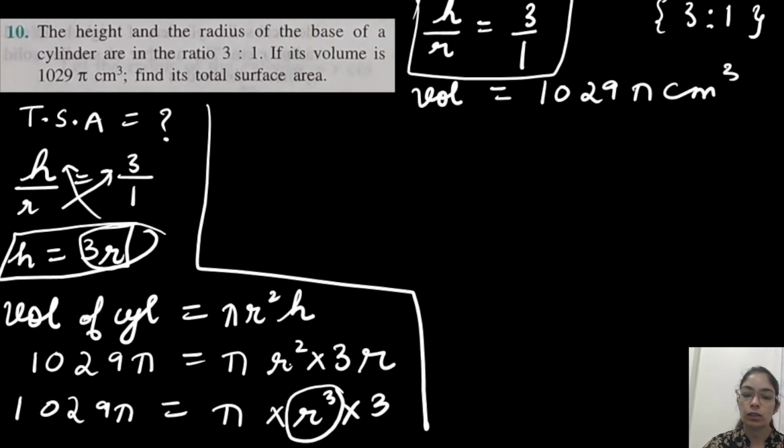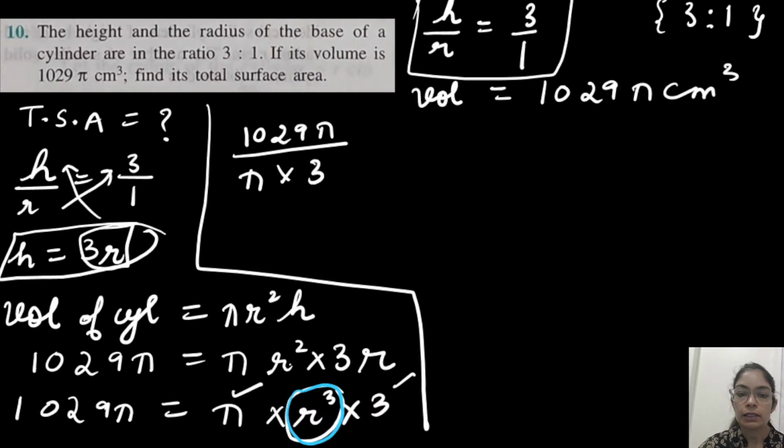So this r cube we will keep on this side, and the remaining things we will shift to the other side. That means this pi and this 3 we have to shift to the other side. Both of these are getting multiplied, so when we shift to the other side, these will get divided.